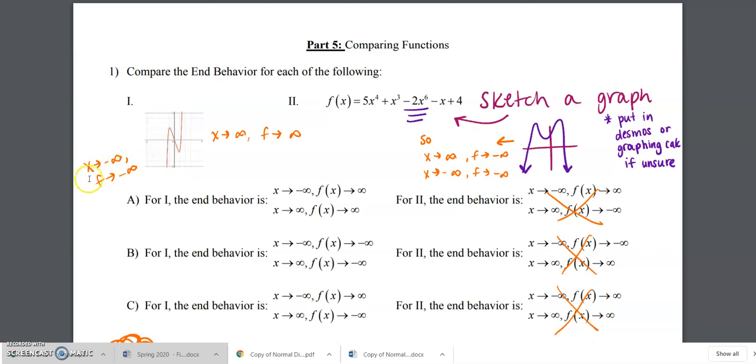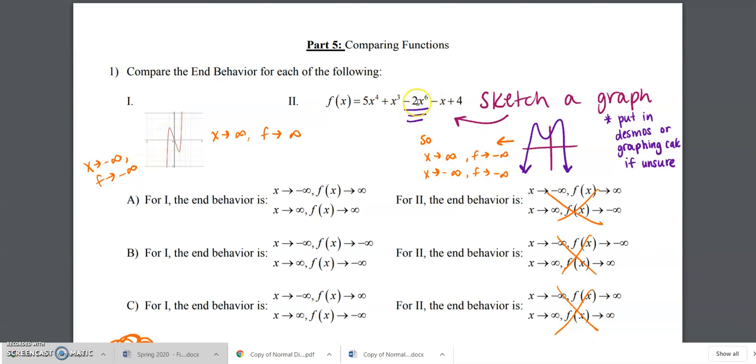So for this graph, as x approaches negative infinity, f of x is approaching negative infinity as well. And if we go to the right, we notice that as x approaches positive infinity, f of x is also approaching positive infinity. So we know that in our answer choices, we are looking for this description of function 1's end behavior.